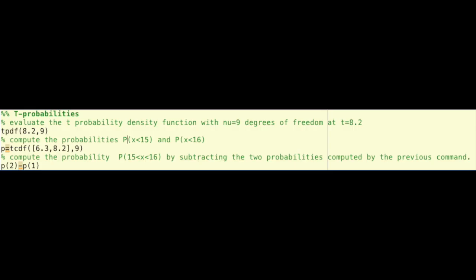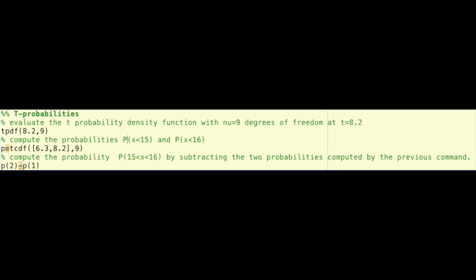We'll conclude with some examples using the t-distribution. Now the very first example is not computing a probability at all. This is just a reminder that when working with probability density functions or continuous probability distributions, we only get probabilities from the CDF functions.